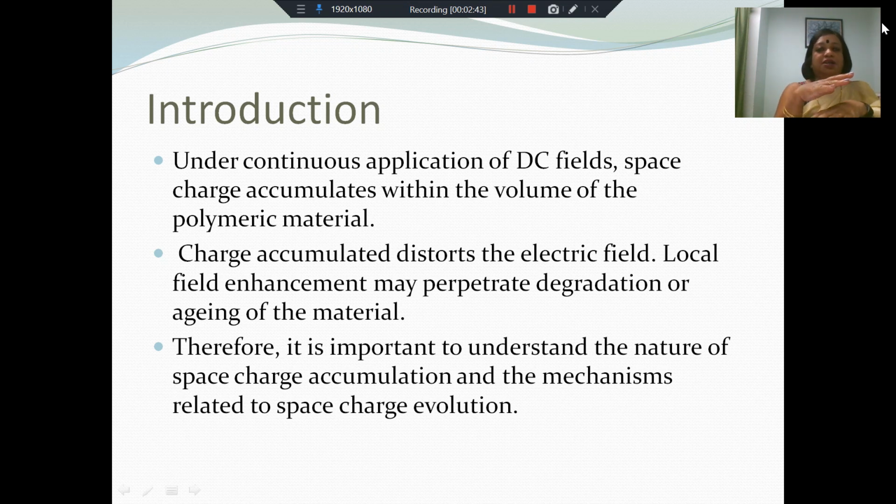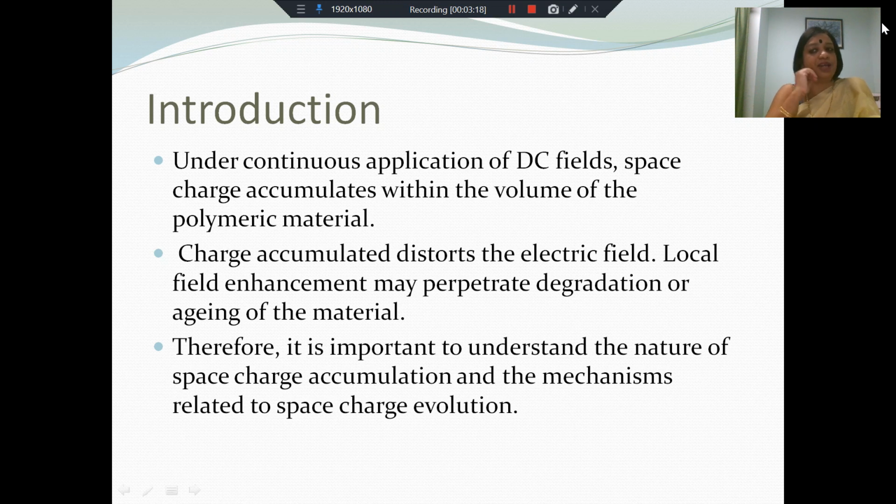The Laplacian and Poisson electric fields are superimposed on each other, and if they are in the same direction, there will be field enhancement, which means that for the same voltage applied across the sample, a material with a lot of accumulated space charge will experience much higher electrical stresses, and as a consequence, there will be aging and degradation of the material. So charge accumulates and distorts the electric field. Local electric field enhancement may perpetrate degradation or aging of the material.